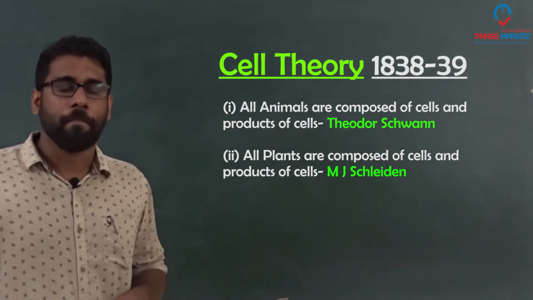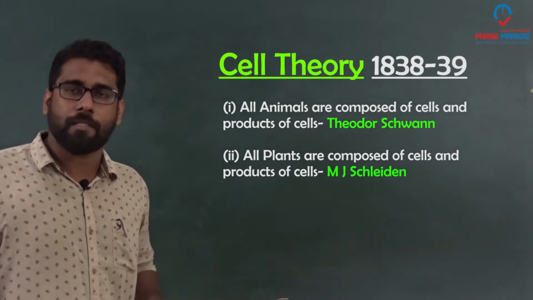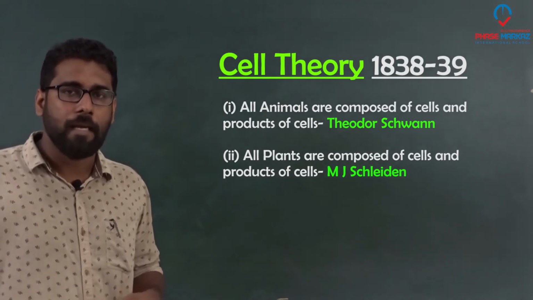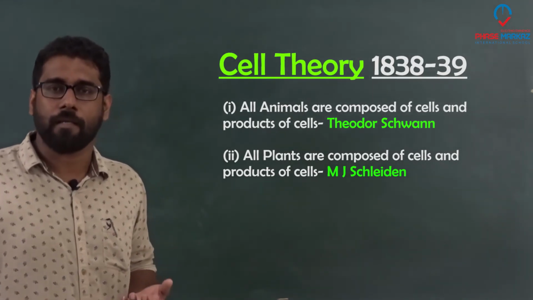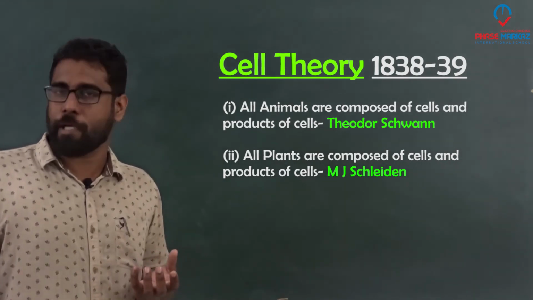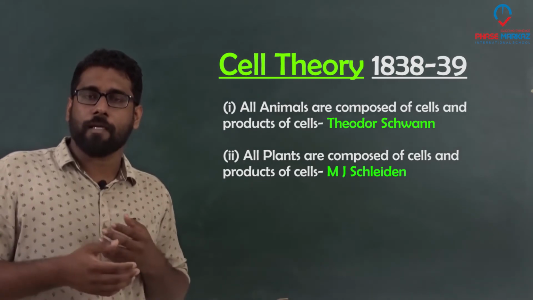At the same time, Matthias Schleiden explained that all plants were composed of cells and their products. What is the product? The product is nothing but the cellular organelles present in the cytoplasm of the cell. We can call it the product.